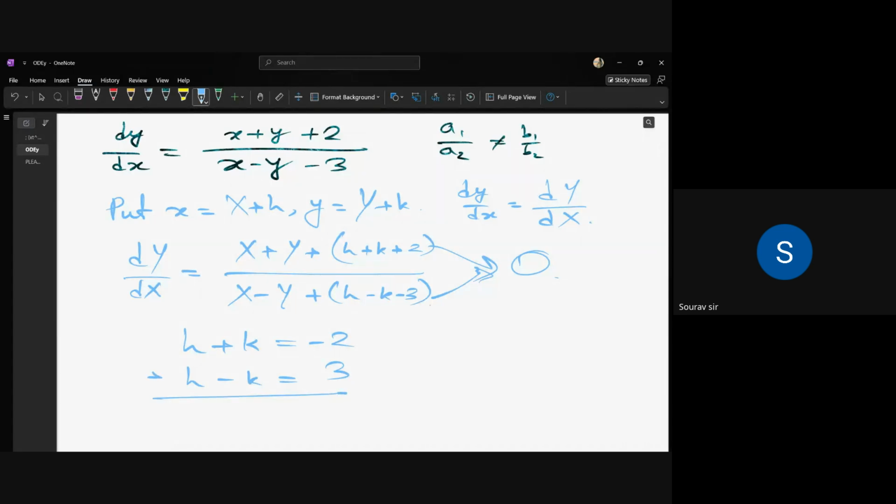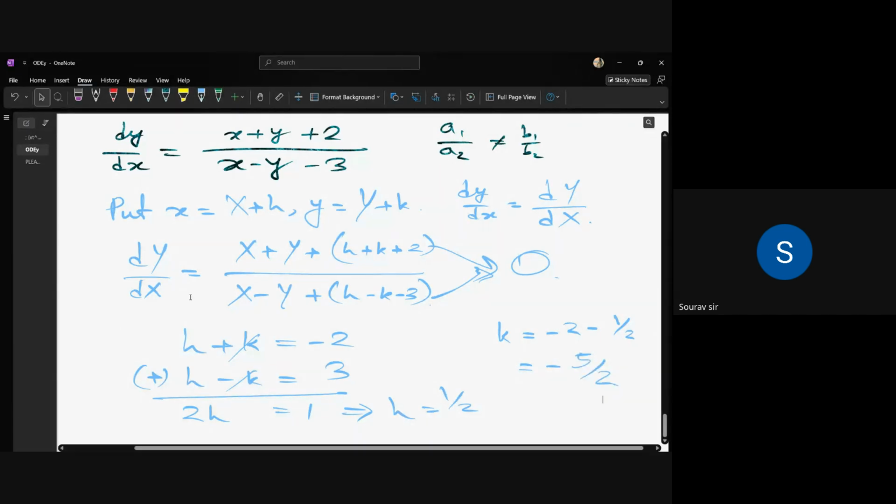Let us add these two and we will get 2h equals 1, as the rest will cancel out. So our h becomes half. So what will our k be? Our k will be minus 2 minus half, so that is minus 5 by 2. Right? Okay.